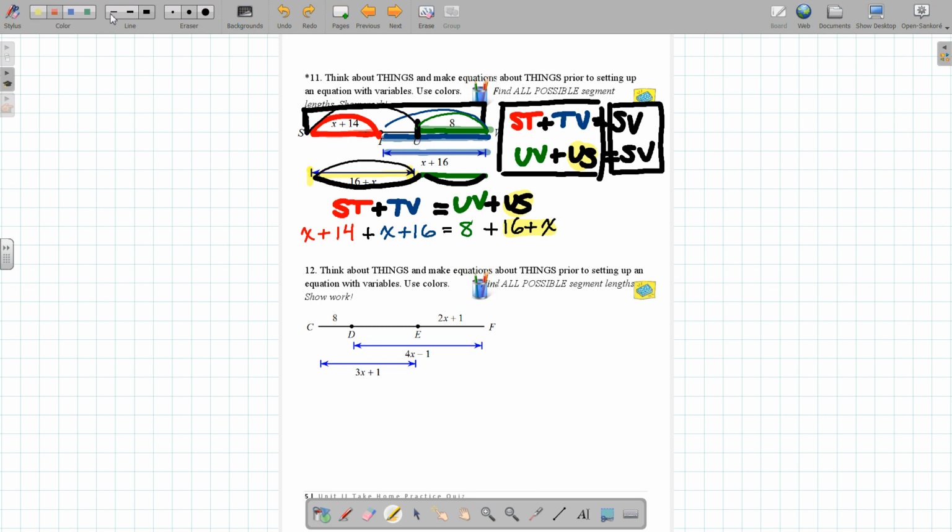So just so it's easy for you to spot, we have the red plus the blue equals the green.